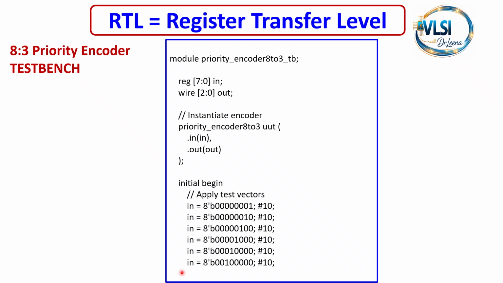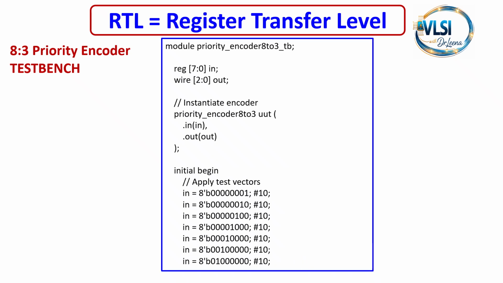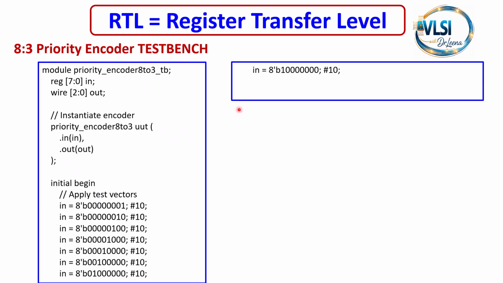The next activates only IN5 and waits for the next time unit. The next activates only IN6 and waits for the next time unit. And the next one activates only IN7, which is the highest priority one, and then it waits for the next 10 time units.